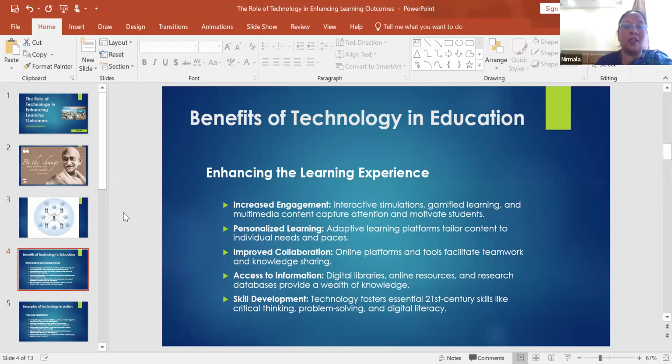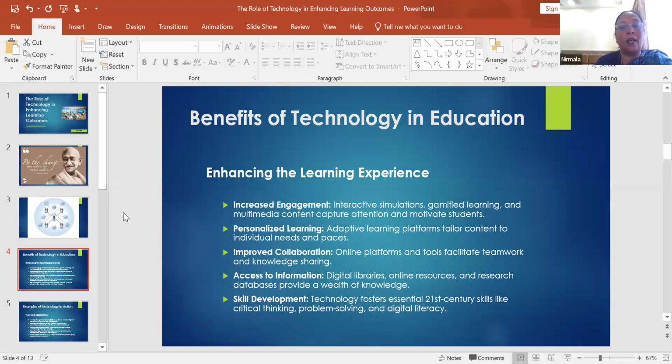Then you have personalized learning. As learners, we see so many varieties of learners in our day-to-day life. We can adopt adaptive learning platforms that tailor content to individual needs and paces. Improved collaboration: online platforms and tools facilitate teamwork and knowledge sharing.